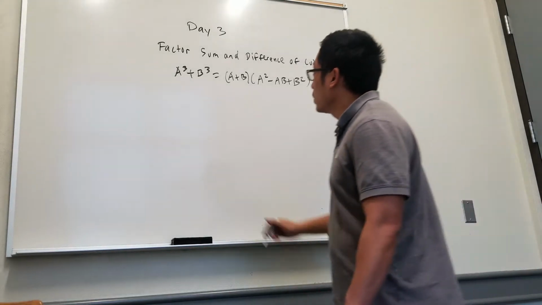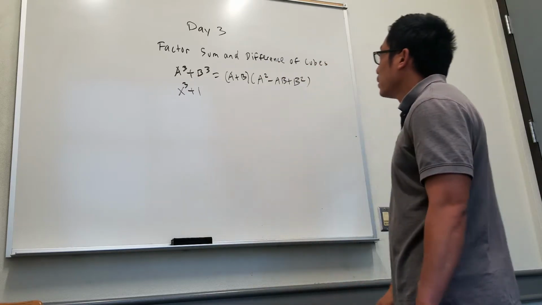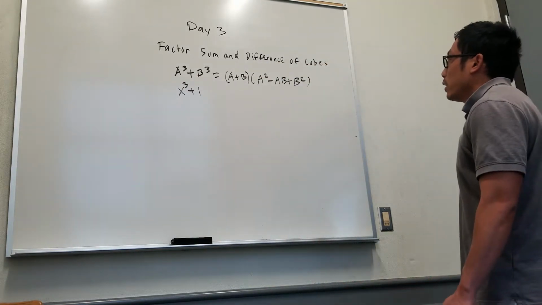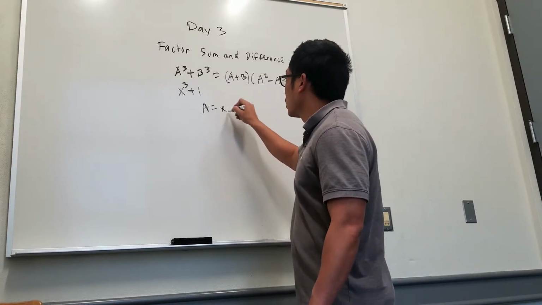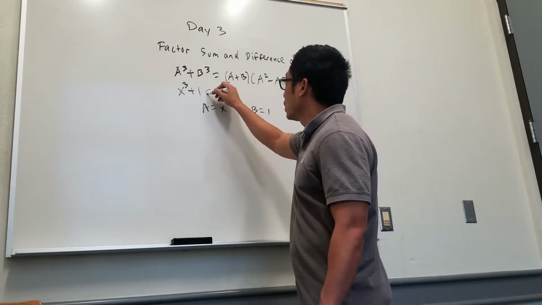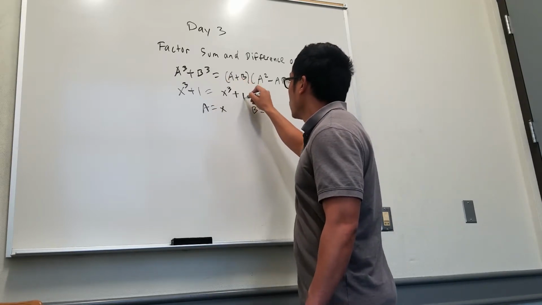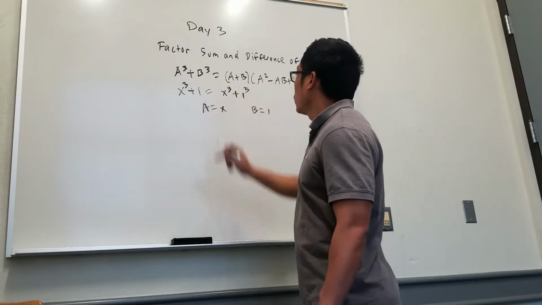So let's do an example. We have x cubed plus 1. How do I do this? Identify what a is and what b is. a is equal to x, b is equal to 1. How do I know that? This is really x cubed plus 1 cubed, right? So we have that form.